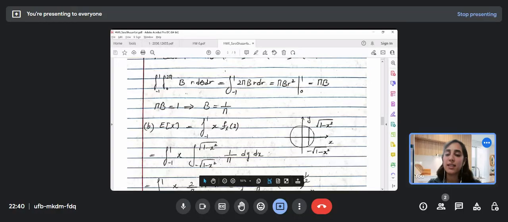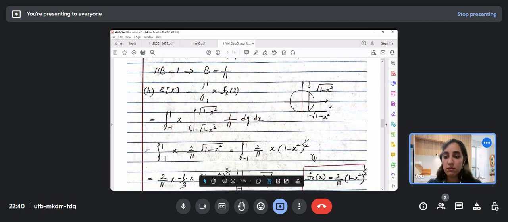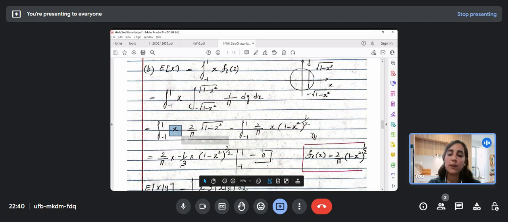For E of x, we need to calculate the integral of x times the probability density function of x. To calculate the probability density function, we should calculate the integral of f xy with respect to y. So we will get f of x, and then times x, and then we should calculate the integral with respect to x, and after that we will get 0.